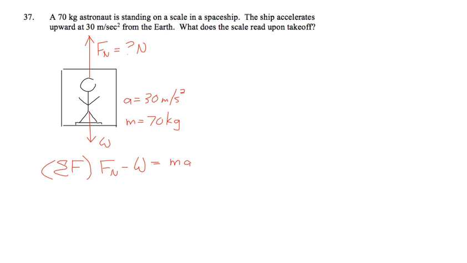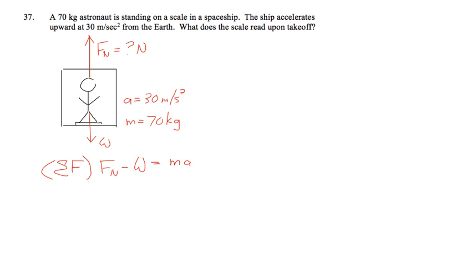That's what the scale is going to read. Or if I said, what's the apparent weight of the astronaut, that would be the same question. I know the m, I know the a, I don't have W. So rather than even solve for W, I'm just going to write W as mg so I can just plug it in.